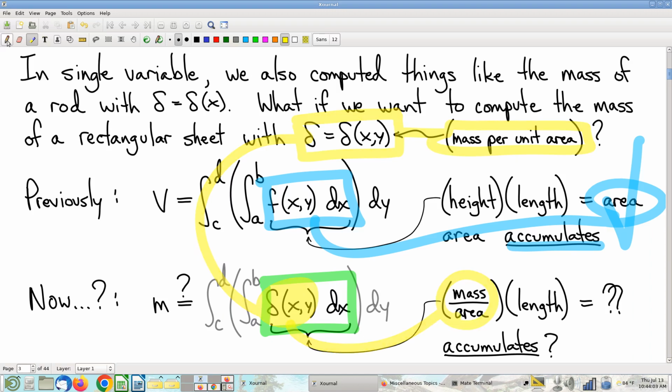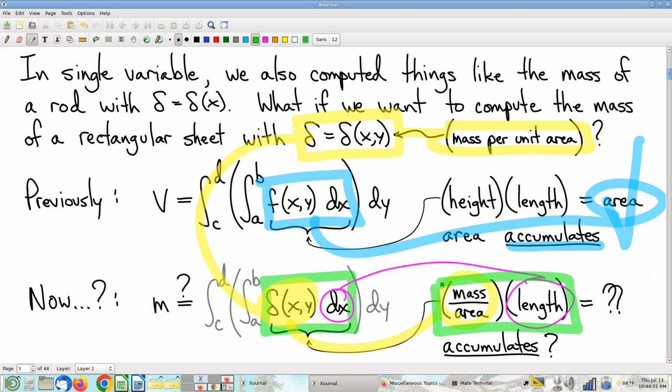And I'm going to multiply that, it seems, times dx, apparently, which is a length. And now let's ask the question, what do I get when I multiply mass per unit area times length? And the sad answer to that question is, I don't know, that's not really a thing. That's not what you were intended to do with mass per unit area. Mass per unit area is supposed to be something you multiply times area.